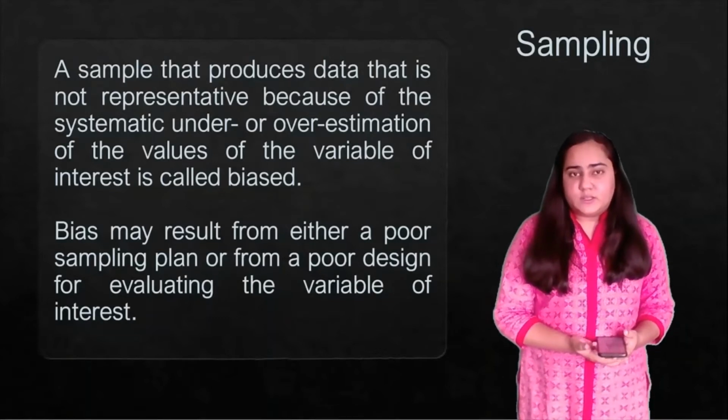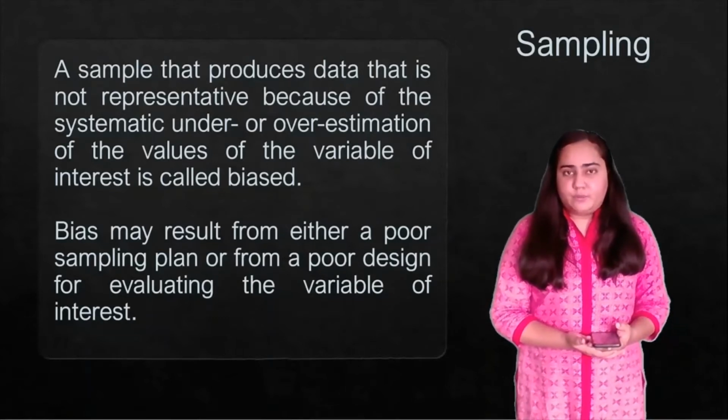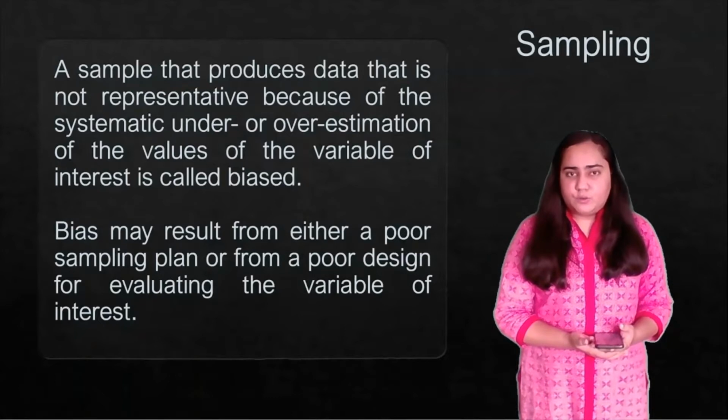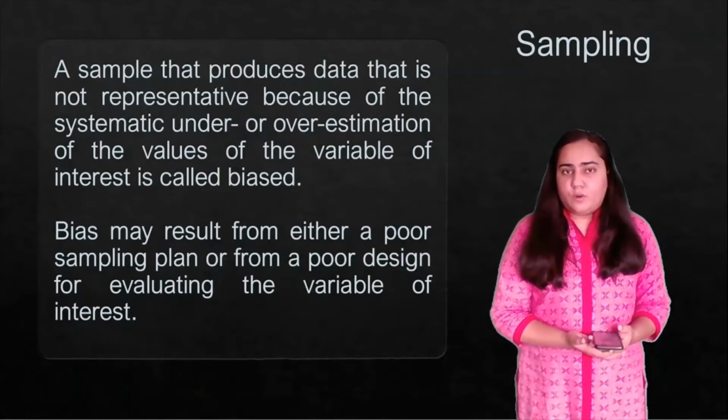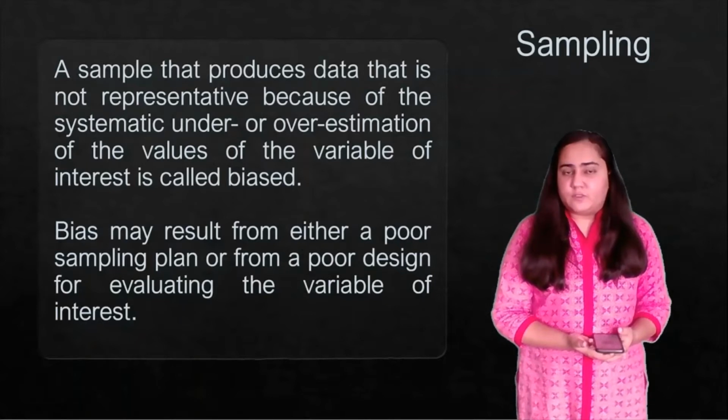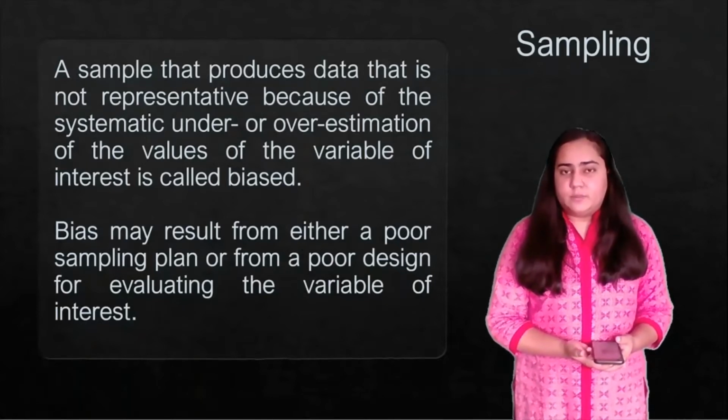So what is a biased sample? A sample that produces data that is not representative because of the systematic under or overestimation of the values of the variable of interest is called biased.